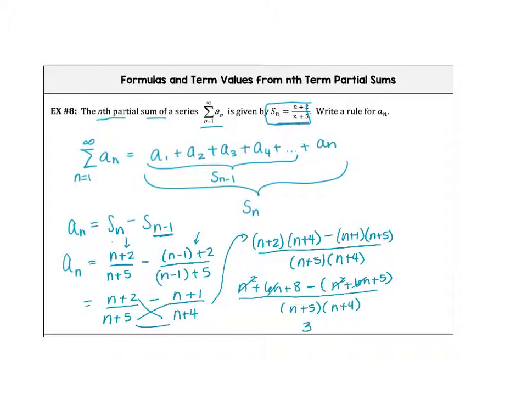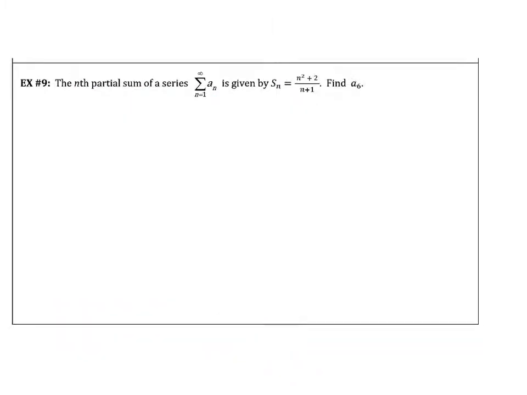So we have 3 over n plus 5 times n plus 4. And that's going to be our rule for a sub n. So do keep that in mind, and again, this is all working with your partial sums.